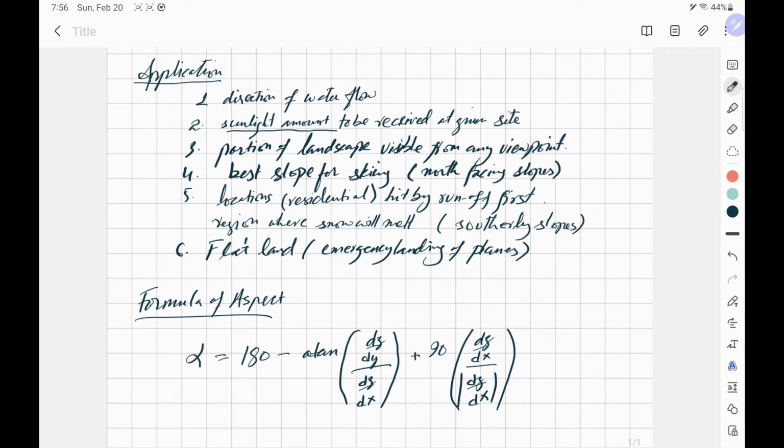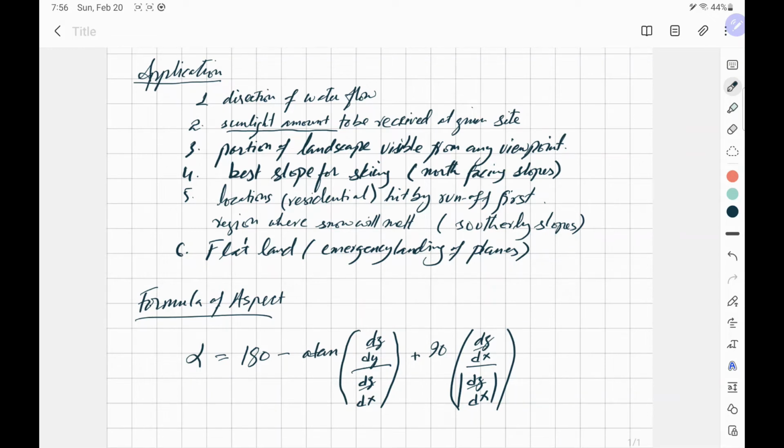Let's have another formula from Principles of Geographical Information Systems.